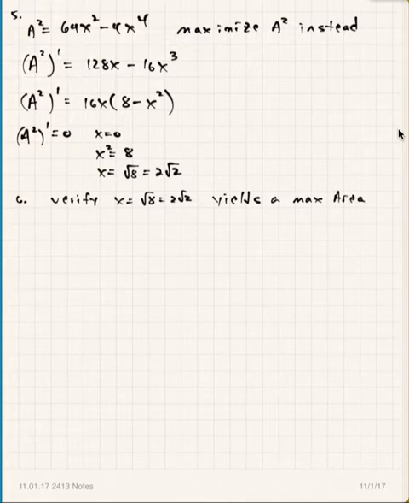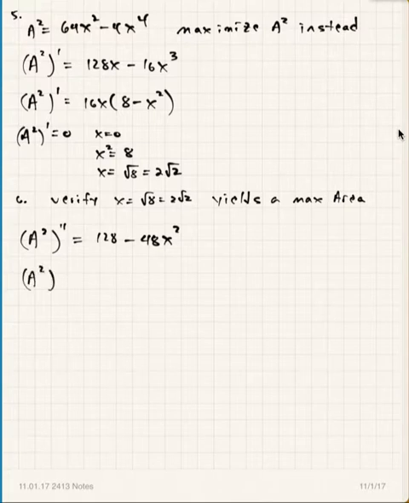And we could certainly use the second derivative test here if we wanted to. The second derivative, A squared double prime, is equal to 128 minus 48x squared, like so. And so now remember what we would do is take our second derivative and evaluate it at the square root of 8, or 2 square root of 2.